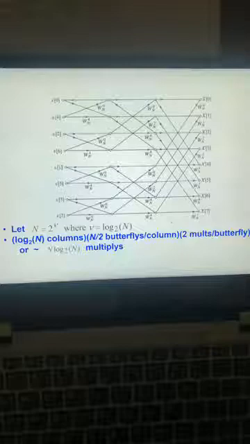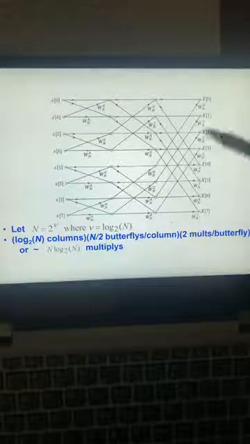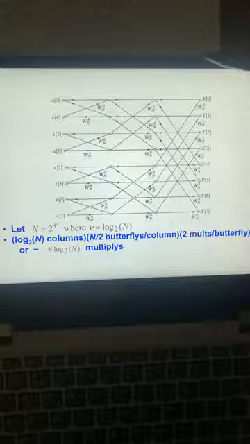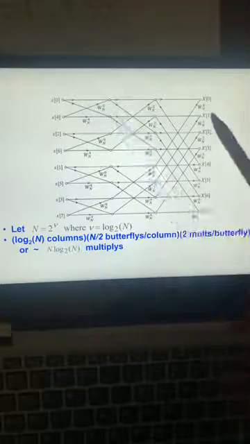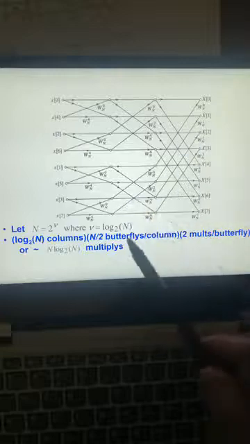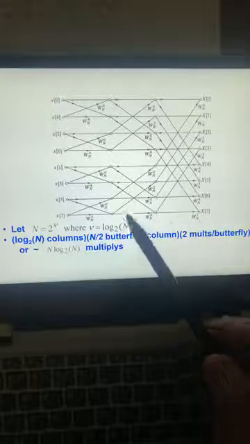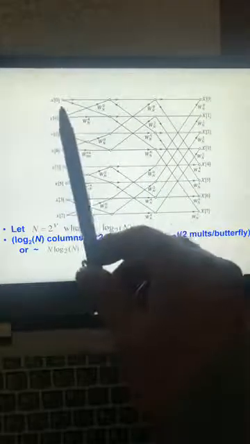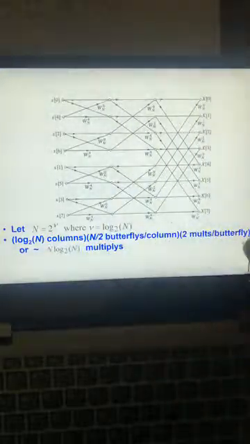Okay, so what it does is, you have N by 2 butterflies in each stage, and how many stages depends upon N: log base 2 of N. So log base 2 of N are the stages. For 8 you have 3, because 8 is 2 raised to the power 3, so you have 3 stages. If you have 16 you will have 4 stages.